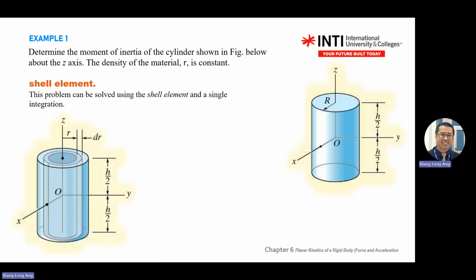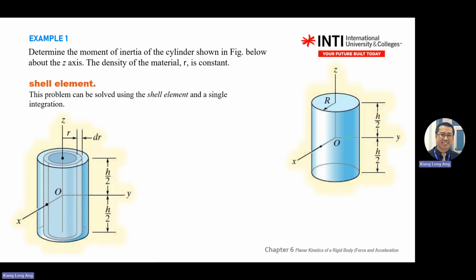So in this case, in the shell element, you fix axis Z, and then you identify where is your X, where is your Y. In this case, your X and Y are the same. The question gives you the start from the center of mass, which is O there.